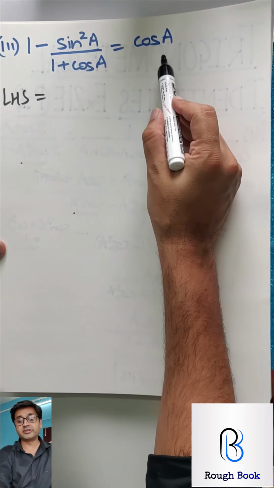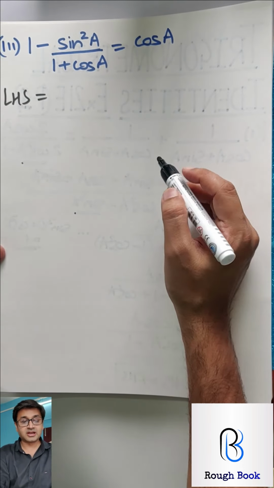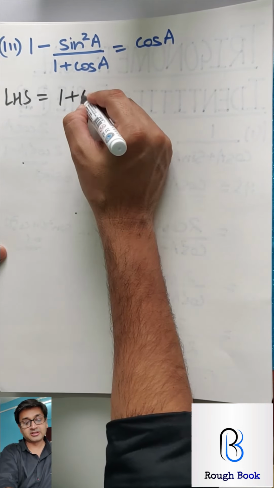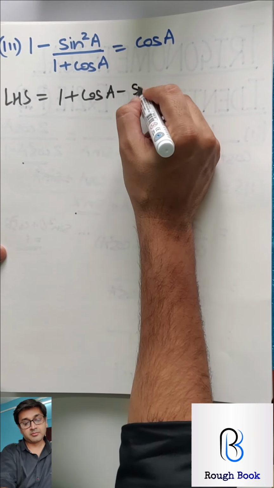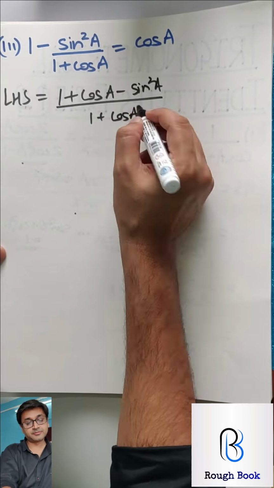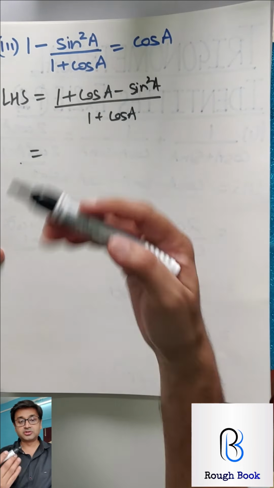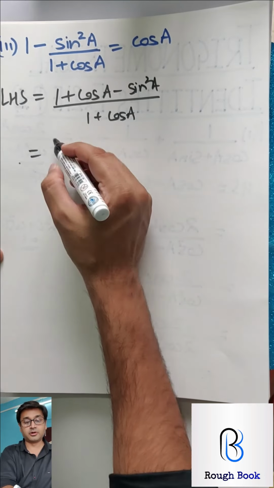LHS again from here, because RHS there is nothing, so you got to begin from here. Take the LCM and then start building on it. So 1 plus cos A minus sine square A upon 1 plus cos A. What do you think can be done now? Since there is cos A, convert this also into cos and then think about it.